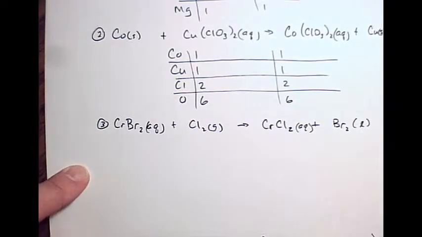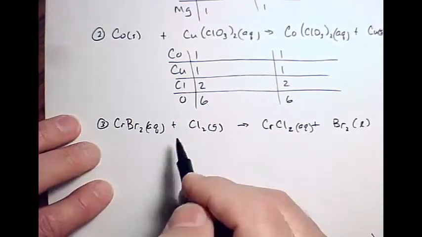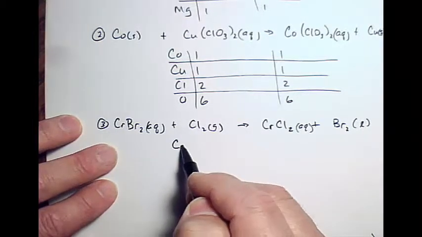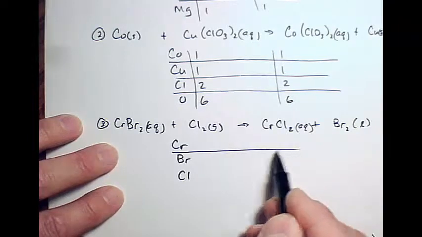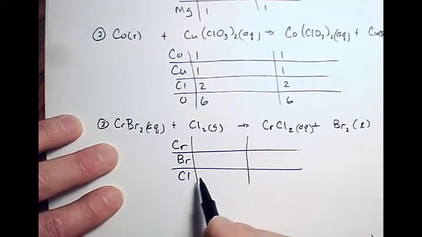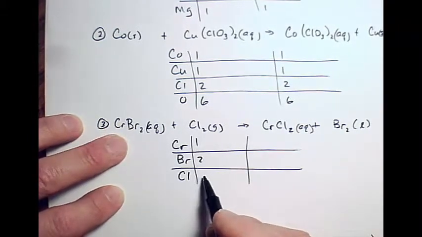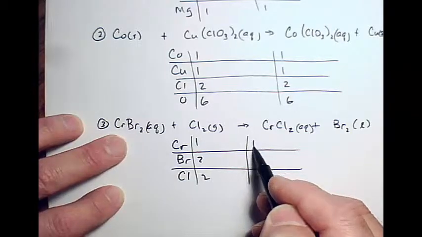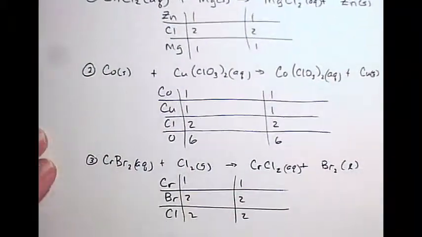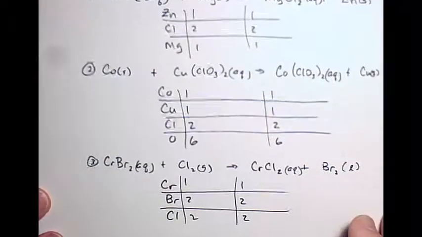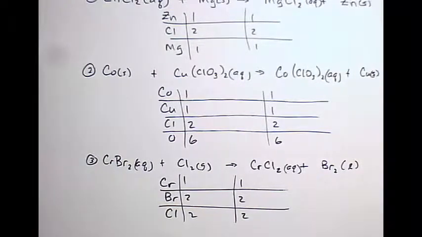So I need 2 chlorines for every chromium. And so now we're going to balance everything. 1 chromium, 2 bromines, 2 chlorines, 1 chromium, 2 bromines, 2 chlorines, okay? So all these equations turned out to be balanced, all right?